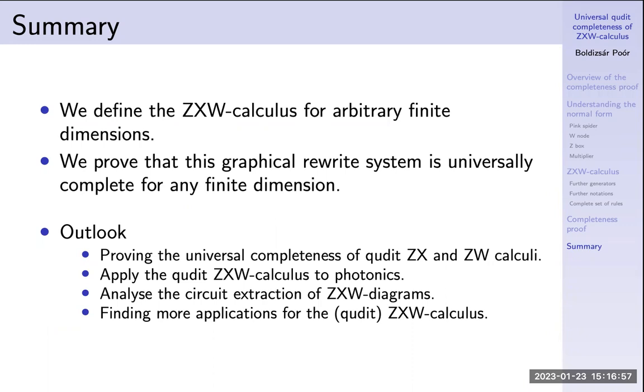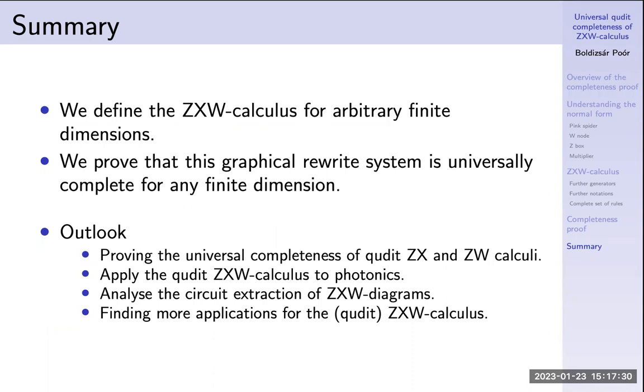So what we aim to do later is prove the universal completeness of Qudits ZX and ZW-calculus universally. We plan to apply ZXW-calculus, the Qudit version, to photonics. It's really interesting to analyze circuit extraction of ZXW diagrams, because we have nice results related to ZXW.